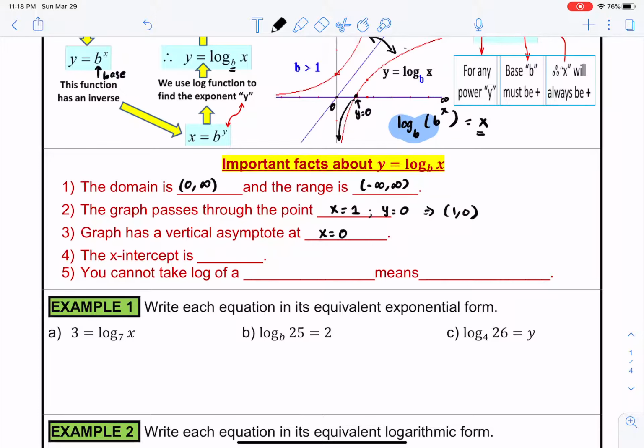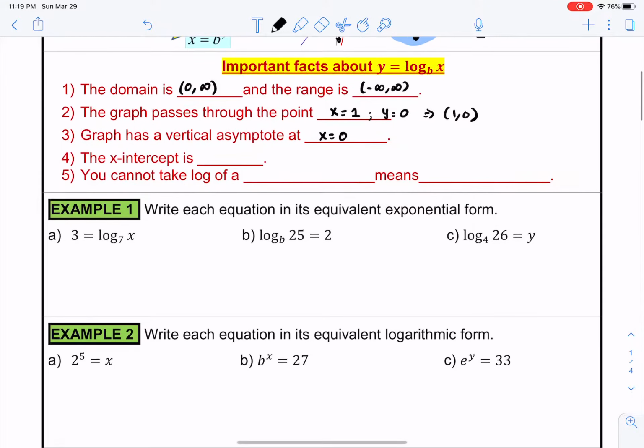If you recall, the exponential function has a horizontal asymptote. The logarithmic function would have a vertical asymptote because they are inverses of each other.